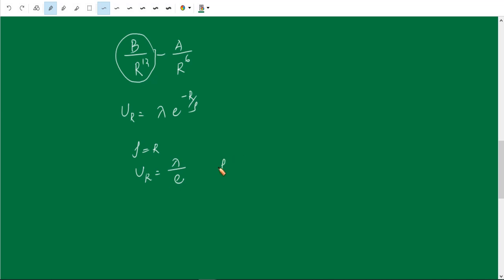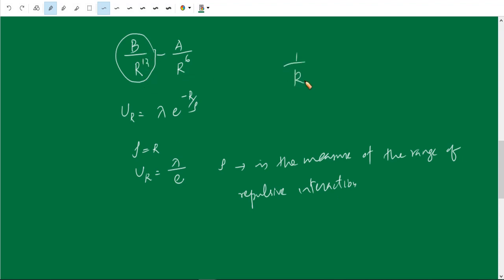That means rho is a measure of the range of the repulsive interaction. So one form is 1 by R raised to 12. The other one is exponential, e raised to minus R divided by rho, where rho gives the range of the potential.